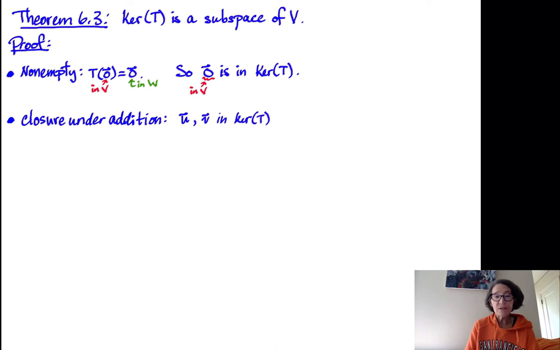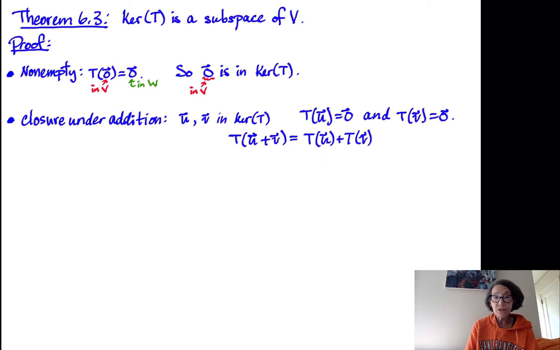So let's say u and v are in the kernel of T. And then that means that T of u is the zero vector and T of v is also the zero vector in W. That means that if we take T of the sum, u plus v, using the properties of linear transformations, we know that linear transformations preserve addition, so that's got to be equal to T of u plus T of v. And we know that that's just 0 plus 0, and we know that this has to be the zero vector. So it's closed under addition.